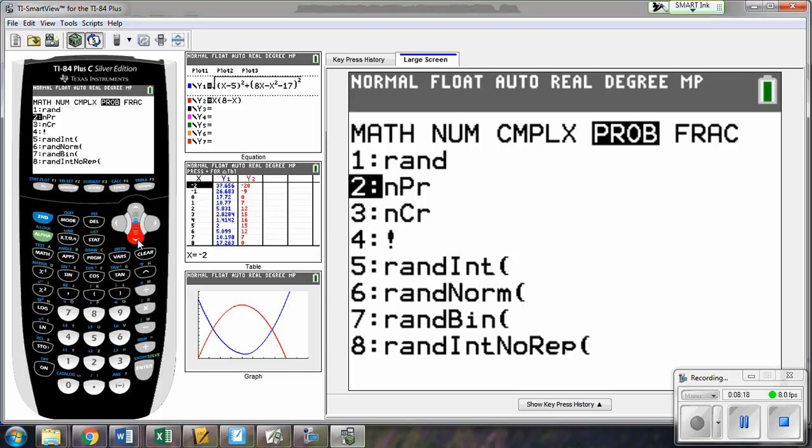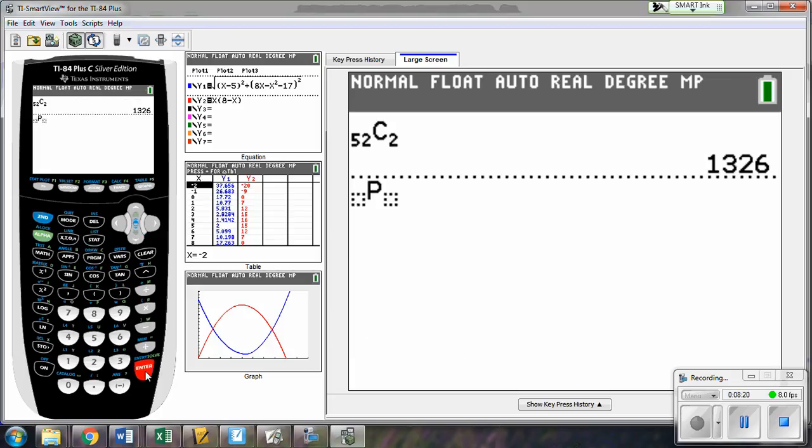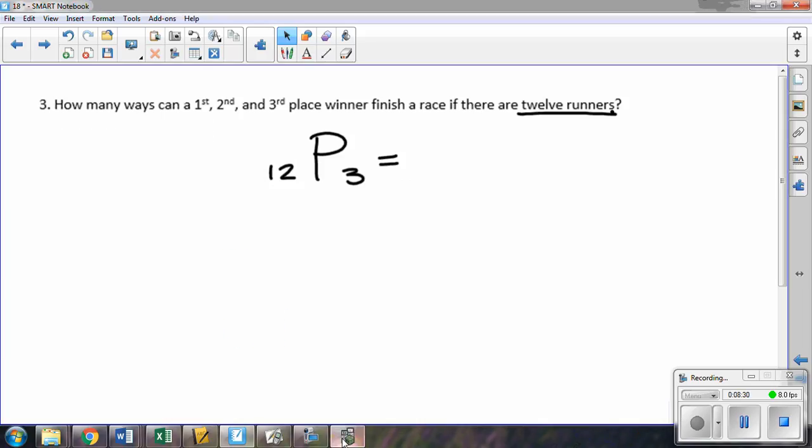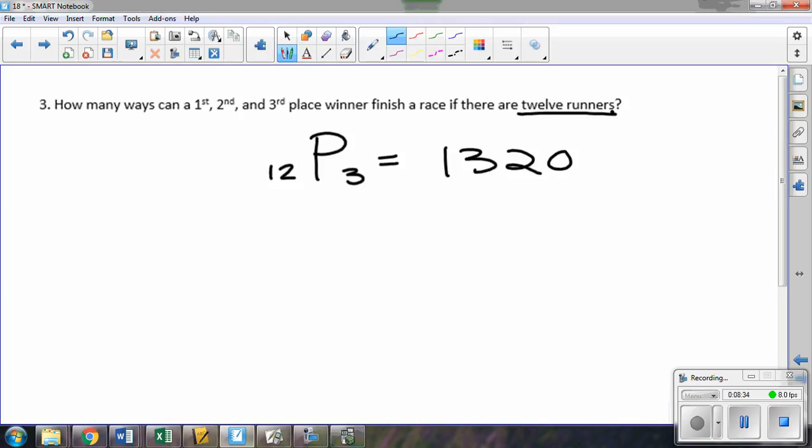Option 2 gives us permutations. So we have 12 permute, or 12 pick 3, giving us 1,320 ways. It's kind of incredible that it's so close to the last one, but just dumb luck, I guess.